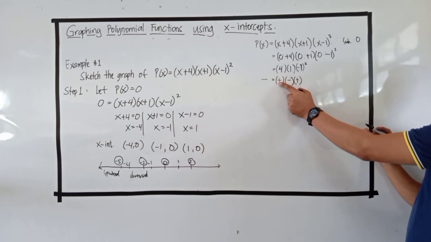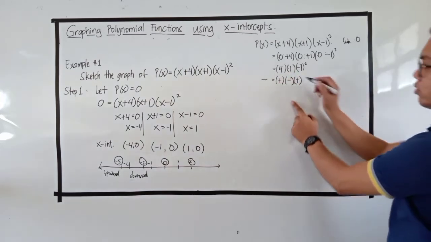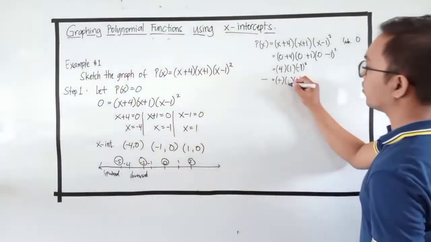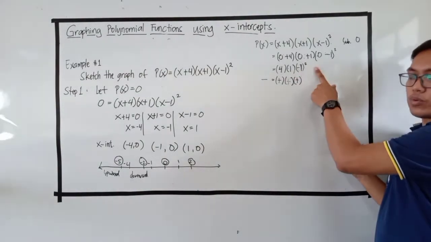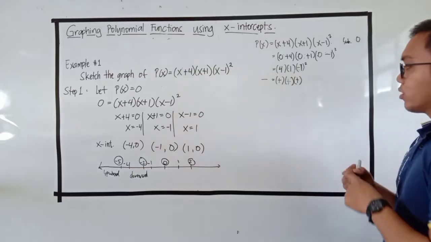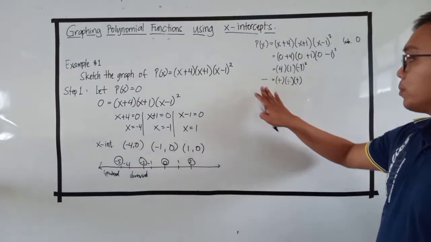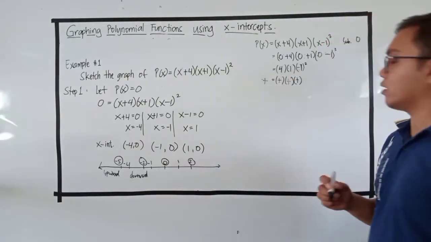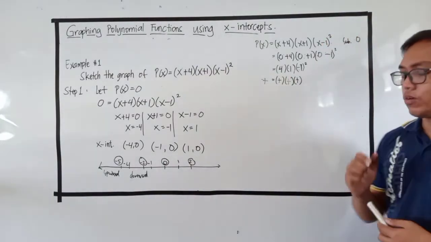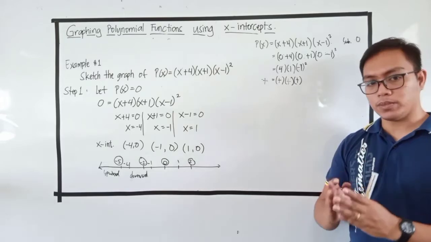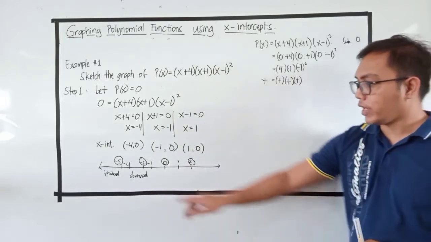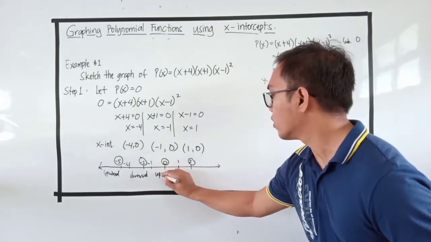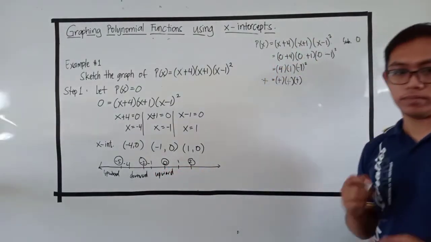The sign of 4 is positive. The sign of 1 is also positive. The sign of -1 squared is positive. So when we multiply all these three positives, we're going to get a positive sign. What does it mean? The trend of the graph in between -1 and 1 is upward.